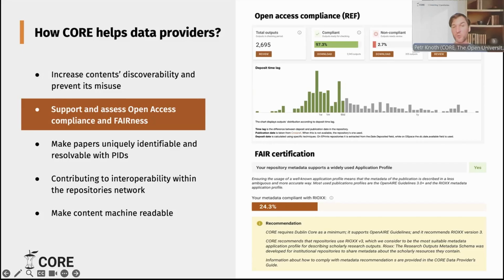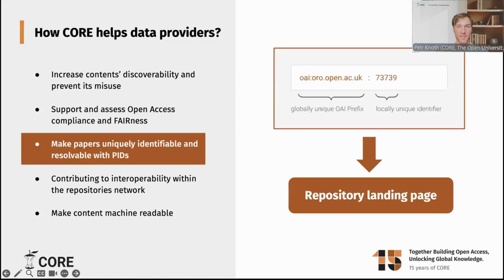We are also working at the moment, and will be releasing, a tool called FAIR Certification, where repositories will be able to check their setup. We will run various kinds of automated tests against them, also giving advice about what to improve. Then the repository will be able to certify itself as following the FAIR principles: findable, accessible, interoperable, and reusable.